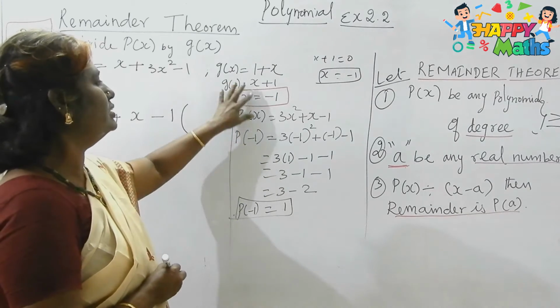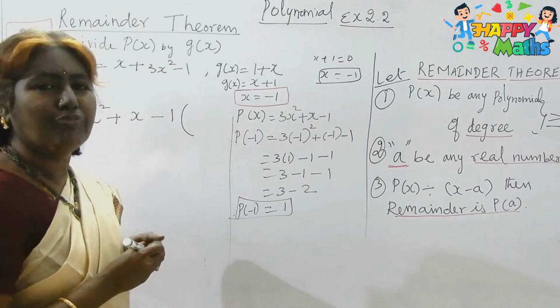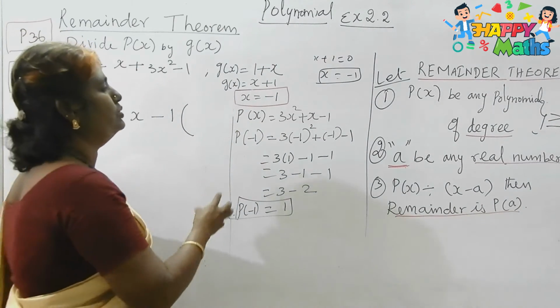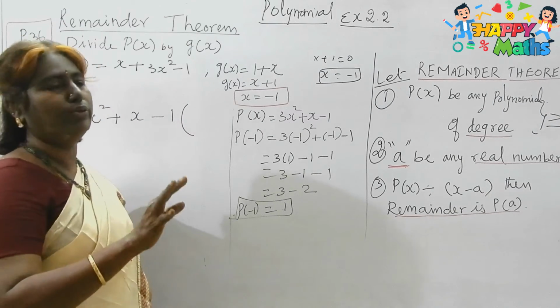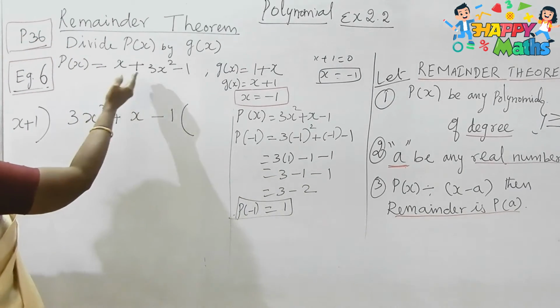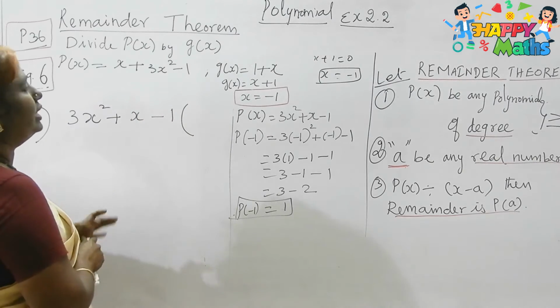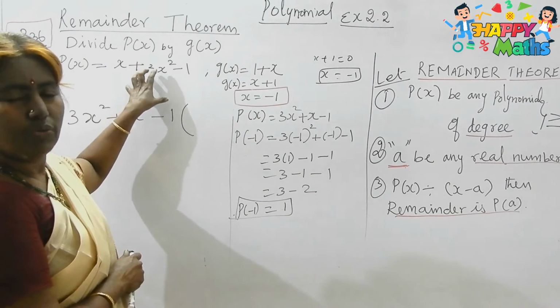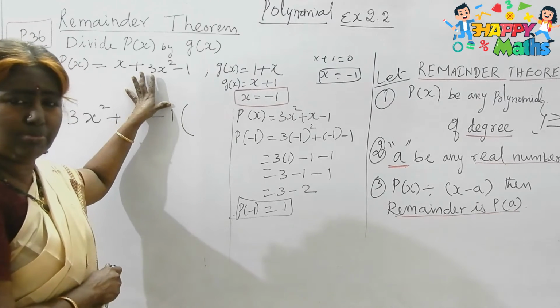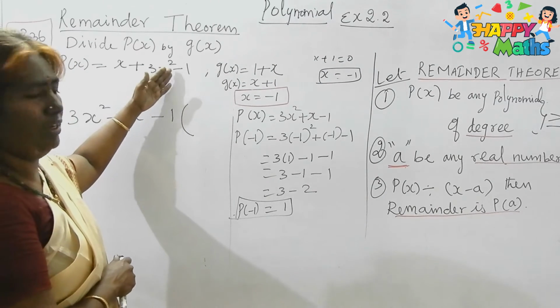So I am substituting in this equation. See, before you do any substitution, you have to arrange it in an order. That will be good. They have given you x plus 3x square minus 1, but I have arranged this starting with 3x square. Since this is what kind of equation? Can you remember? What is the degree? 2.